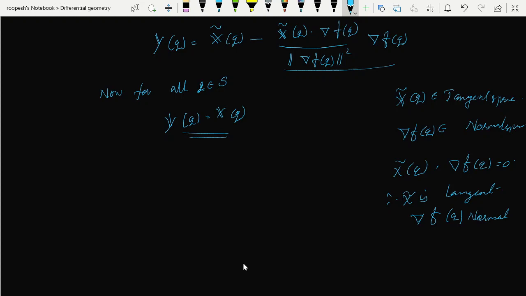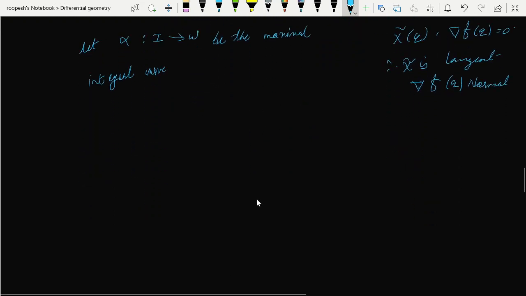Now let alpha from I to W be the maximal integral curve of Y through p. The existence of a maximal integral curve we have already seen in your integral curve chapter.